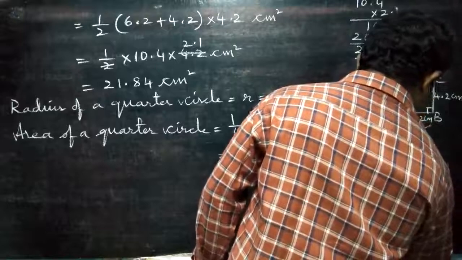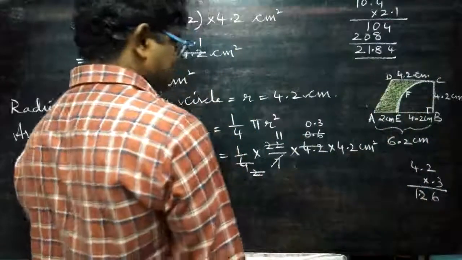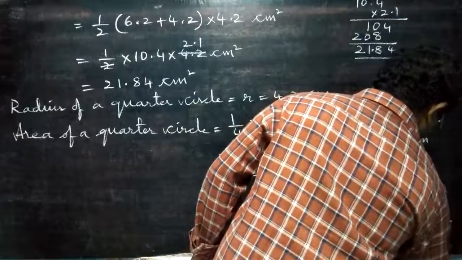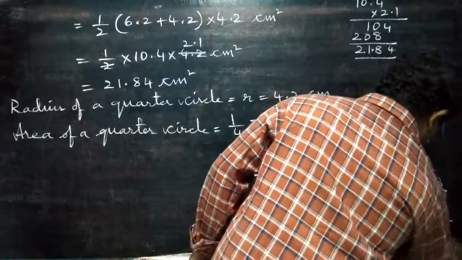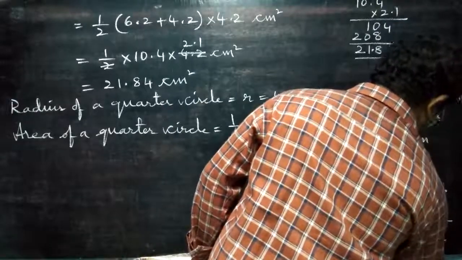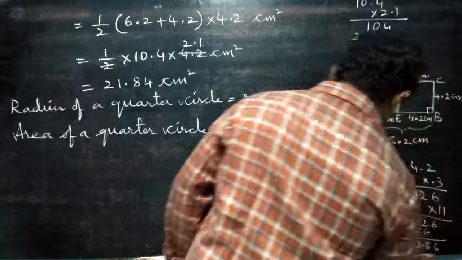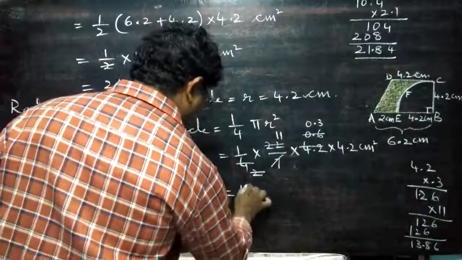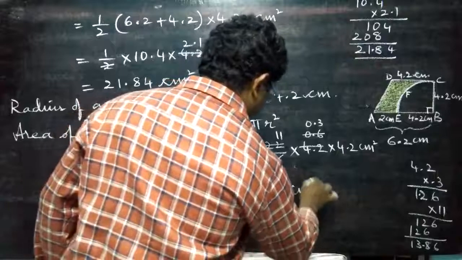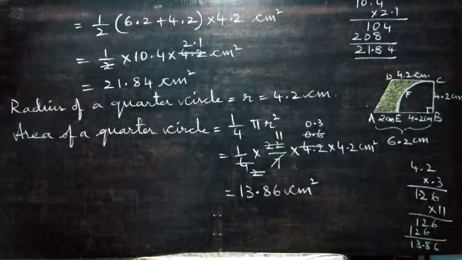After 2 digits, 1.26 into 11. 126, 126. 6, 8, 3, 1. After 2 digits. So that is equal to 13.86 centimeter square. Now we got area of a quarter circle.